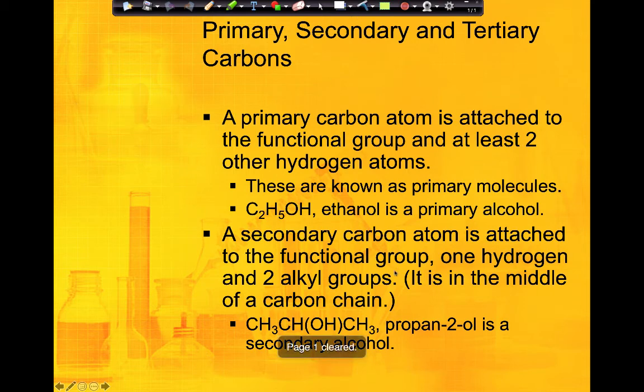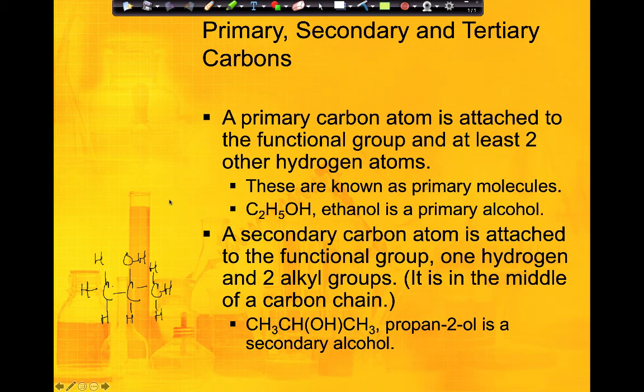Okay, so the secondary carbon, so if I'm looking at this right here, if I draw that out, I have C, C, C, and then I have an OH, like that. Okay, so this carbon right here is considered to be secondary. Okay, it's attached to only 1 hydrogen.